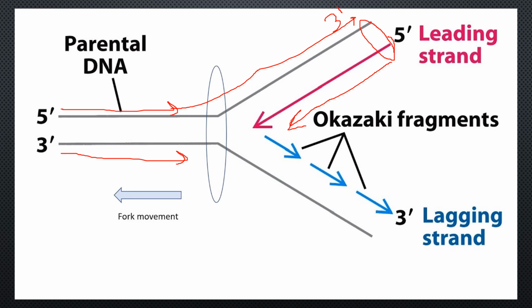For the original parental DNA that runs in the 3' to 5' direction, keeping in mind again that our DNA polymerase can only work by synthesizing 5' to 3', it has to come in and make things in small fragments at a time, each one being 5' to 3'. And these are called Okazaki fragments, just after the scientists who found out about them.